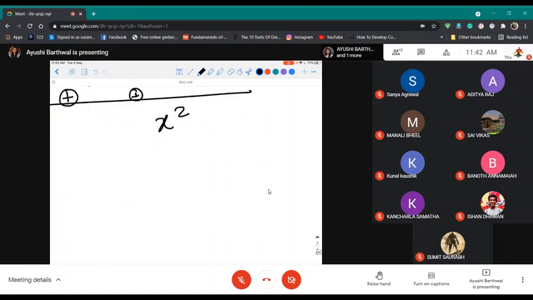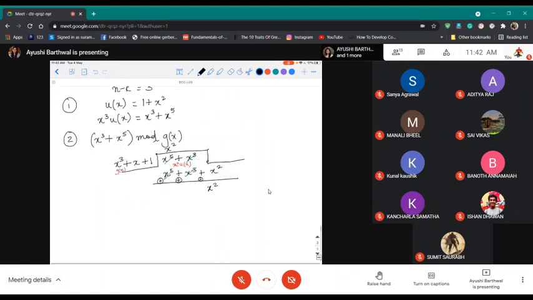So this is our remainder, and this remainder is your parity polynomial.